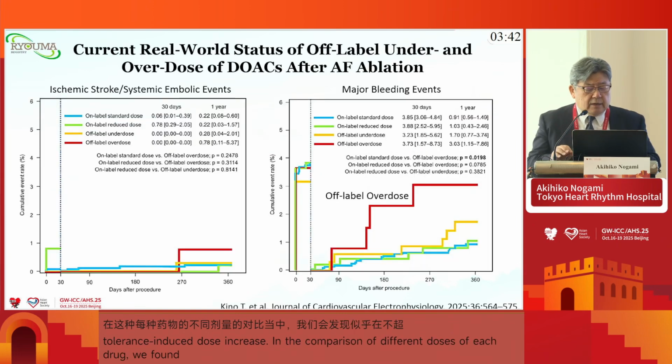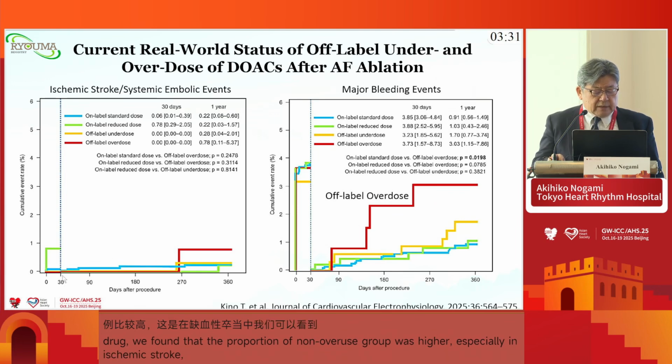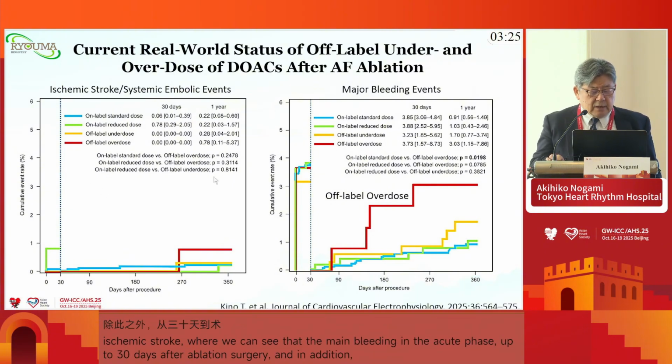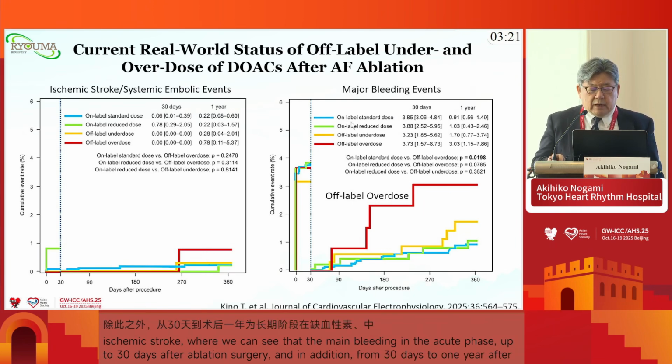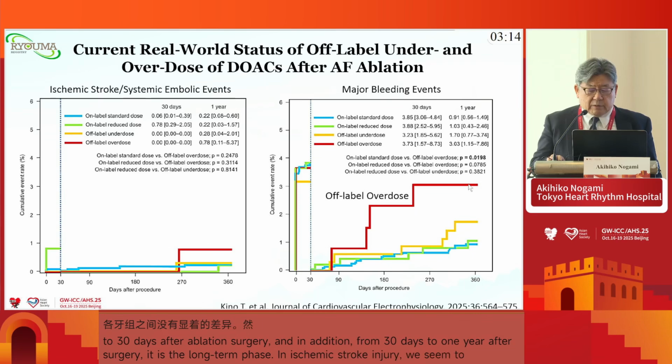And this is the ischemic stroke and the major bleeding during the acute phase up to 30 days after the ablation, and the remote phase from 30 days to 1 year. In ischemic stroke and systemic embolism events, there was no significant difference among the subgroups. However, about the major bleeding events, the off-label overdose group has a significantly higher incidence of major bleeding.